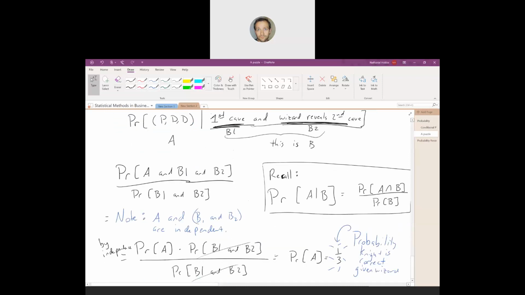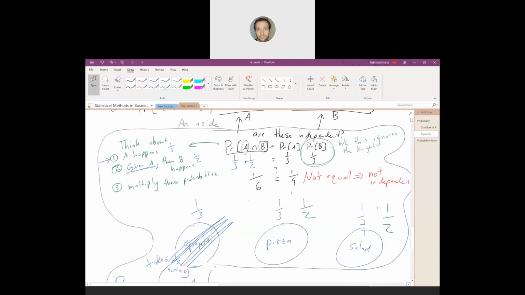Just this screen here. So we're trying to calculate the probability that the knight is correct, given that the wizard reveals something, and that probability does not change. That his first choice was correct.